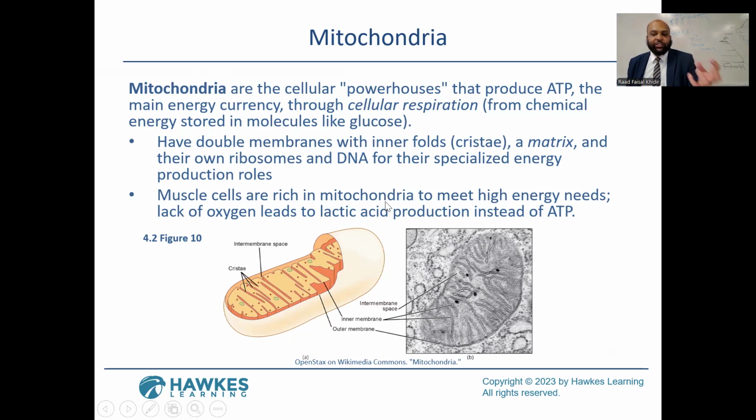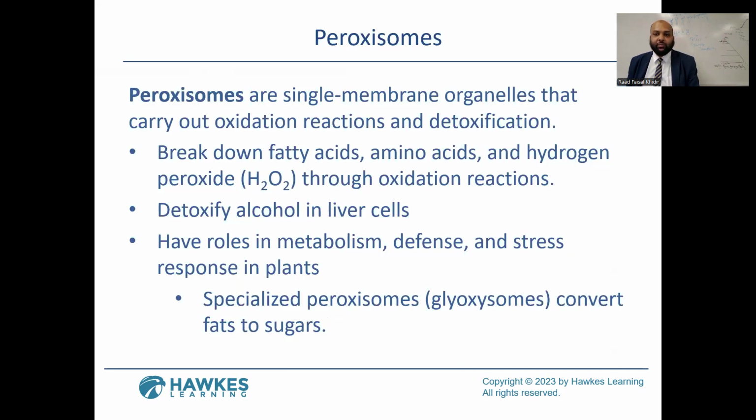Muscle cells are rich in mitochondria because they have high energy needs, and lack of oxygen is going to lead to lactic acid production instead of ATP. So with oxygen, we have aerobic respiration and oxidative phosphorylation to make ATP.